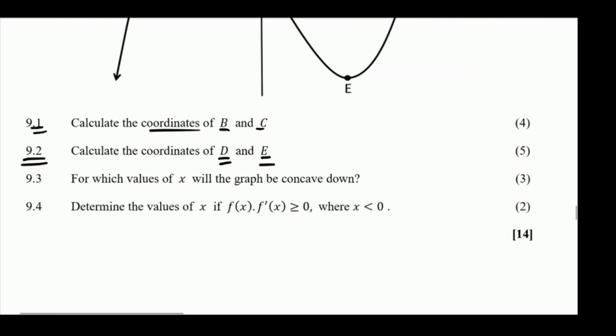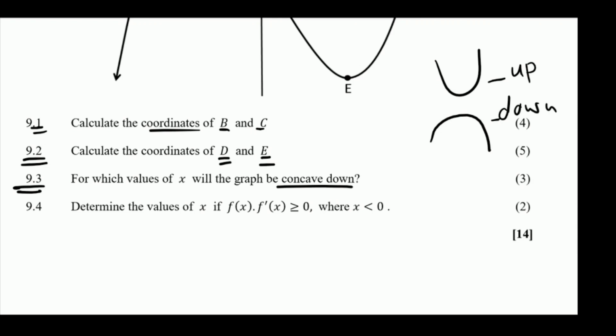So we're going to do 9.3. 9.3 says: for which values of x will the graph be concave down? So when you talk of concave down, this is concave up, this is concave down, right? Concave up, concave down, right?